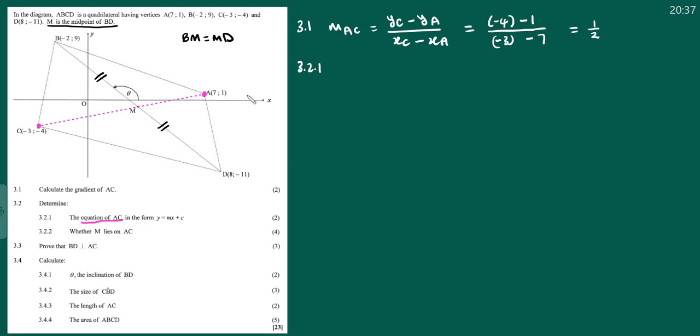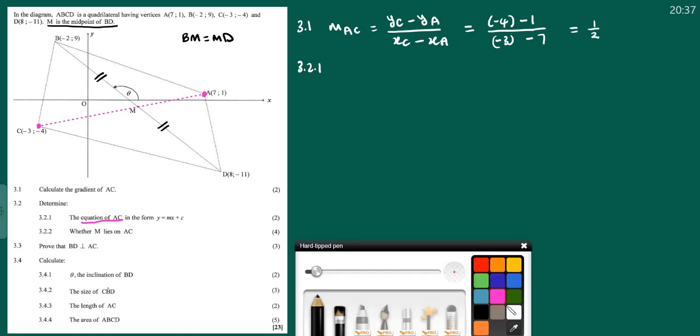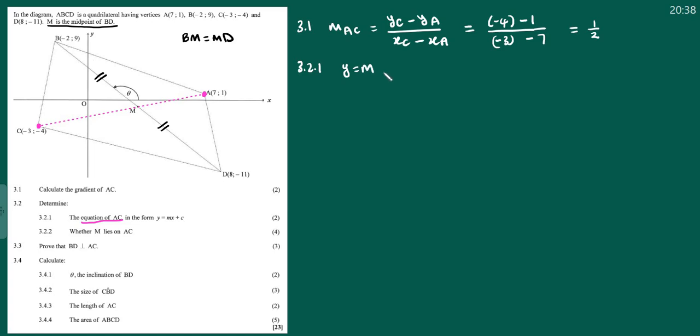We know that AC is a straight line, so the general equation of a straight line is y equals mx plus c. That means we need to get the gradient of AC so that we know what m is. We already calculated the gradient of AC in the first question, so we can simply say y is equal to half x plus c, because m is half.